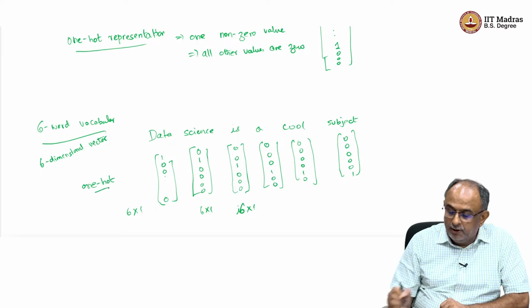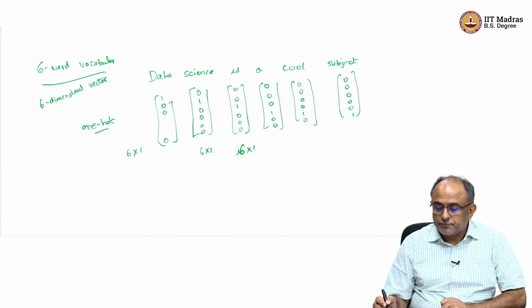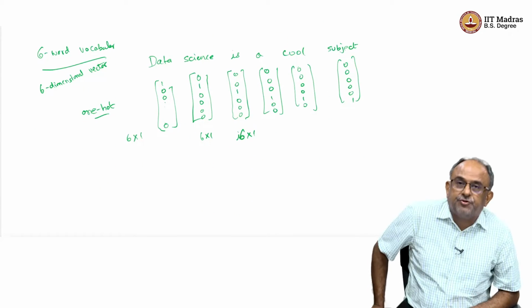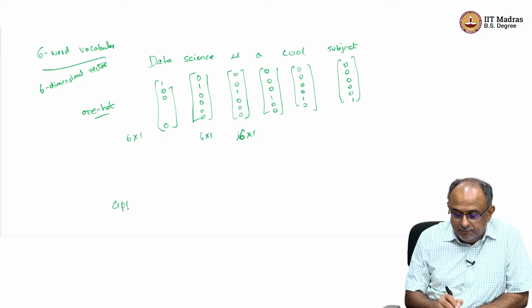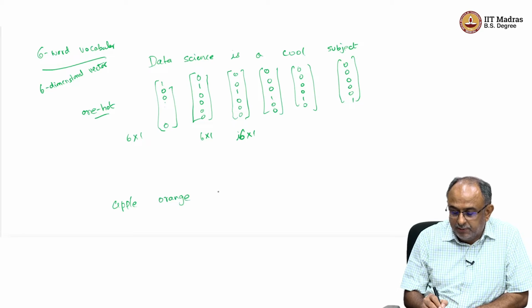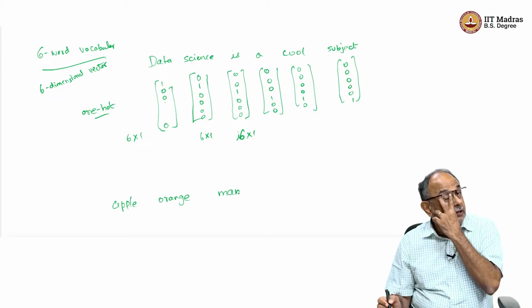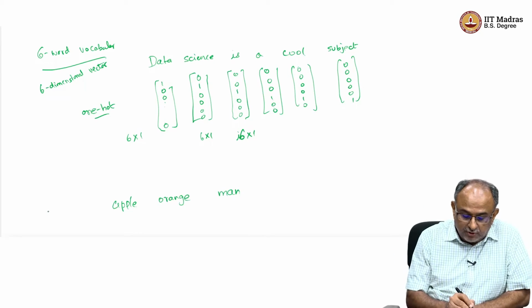For example, if I had only 3 words, say apple, orange and man, then what will I do? This is a 3 word vocabulary.